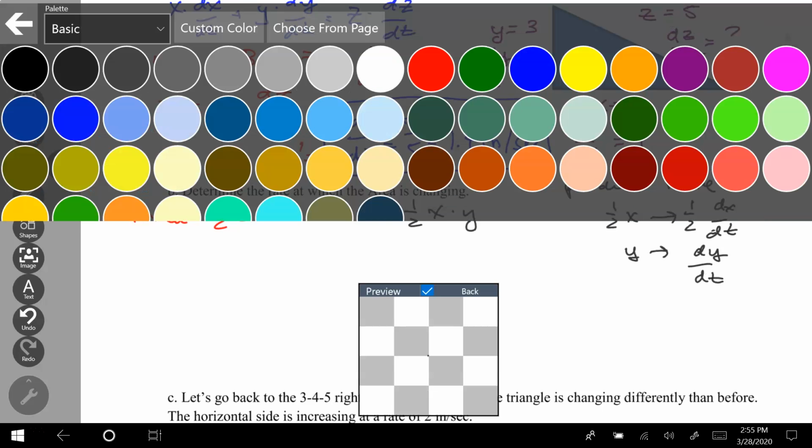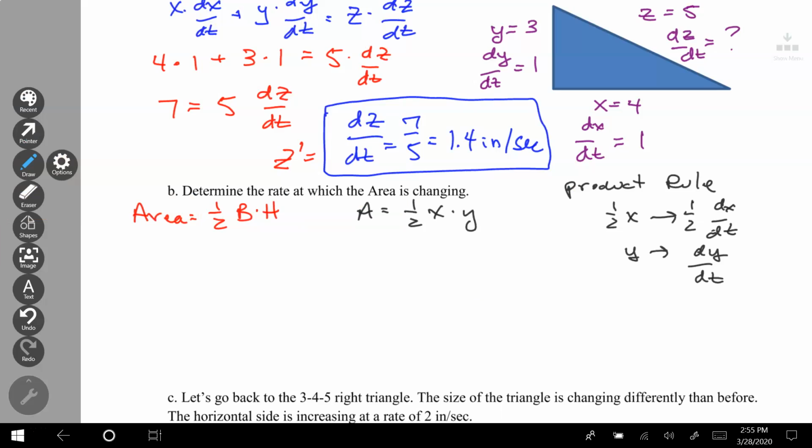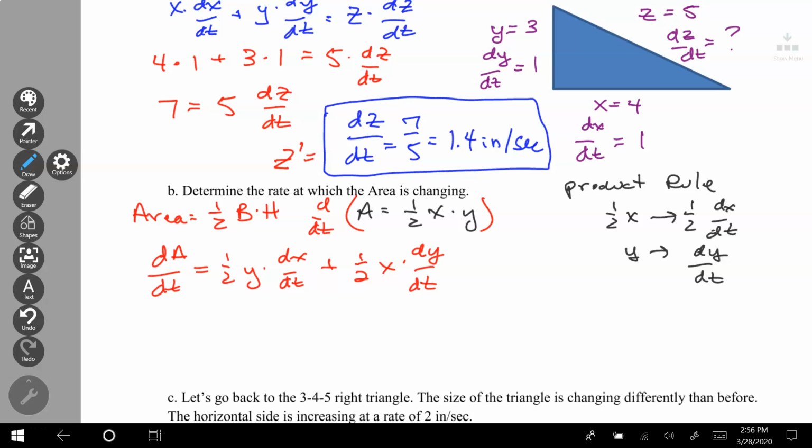And when I take this derivative, I get dA over dt, or the rate of change of the area, is equal to, well, one crisscross is going to be 1/2 y times dx over dt, plus the other one is 1/2 x times dy over dt.